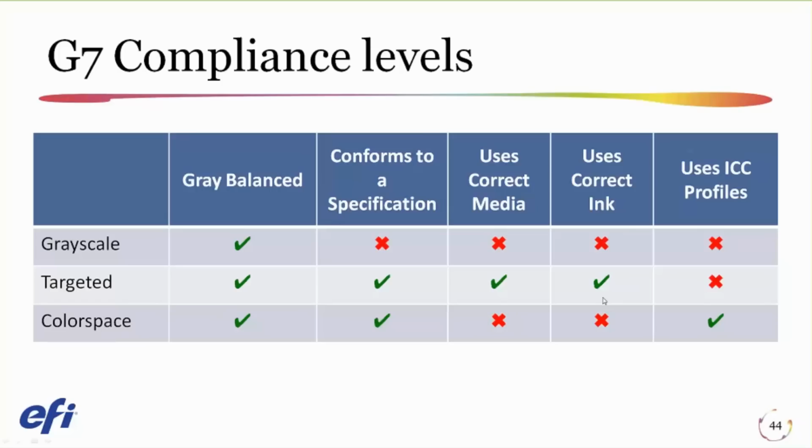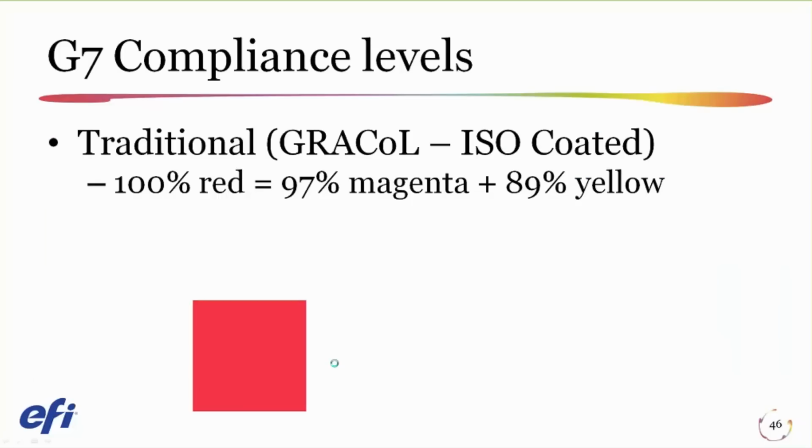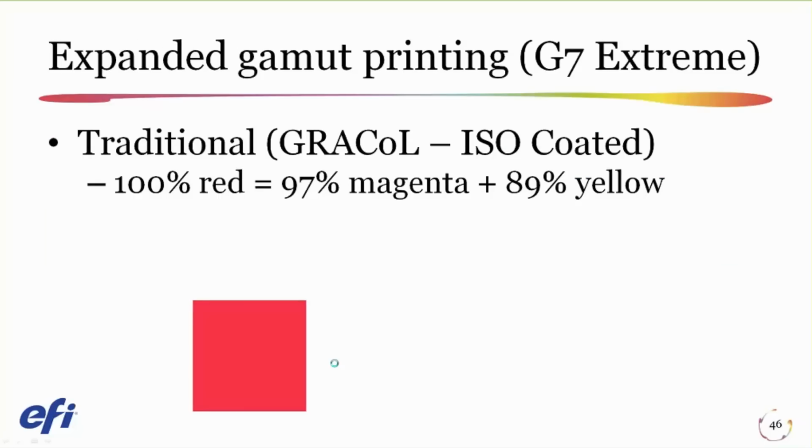We have the limitation of what can come out of an inkjet head, whether it's UV cure, or absorbed into the emulsion on an aqueous inkjet printer, etc. There's also G7 Extreme, which is gray balanced, and we're not trying to hit anything. We're trying to make use of the full gamut of the output device. We want to make it look the best color we can get off of that output device.